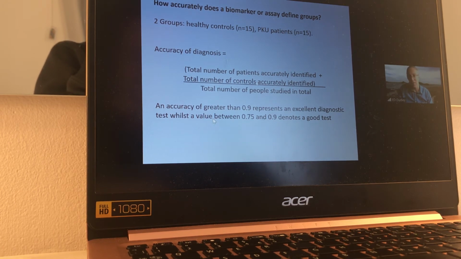By definition it's a ratio, so it gives you a value between 0 and 1. If it's 0.9 or above, it suggests this is a very good diagnostic test. If it's between 0.75 and 0.9, it still has value, but it's not as good. So you can define how good measuring phenylalanine is as a way of diagnosing phenylketonuria.